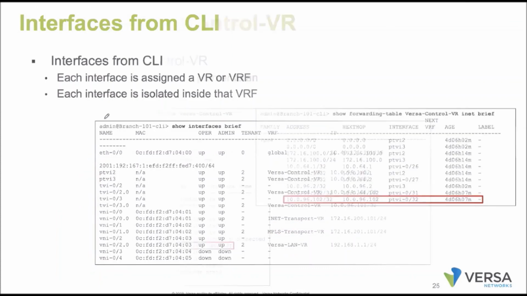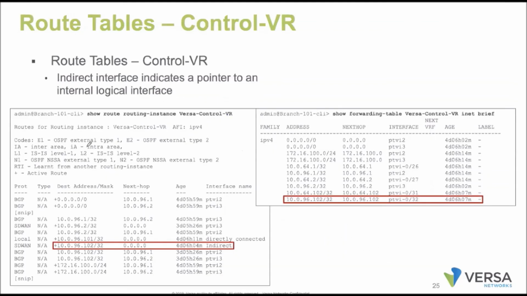Right. So coming to this part, you wanted to see how the next stops are decided. For example, I want to go ahead and see show route routing-instance Versa control VR. I'm trying to verify for one of the destinations, which is pointing towards 10.0.96.102. It is telling us that it has an indirect route.